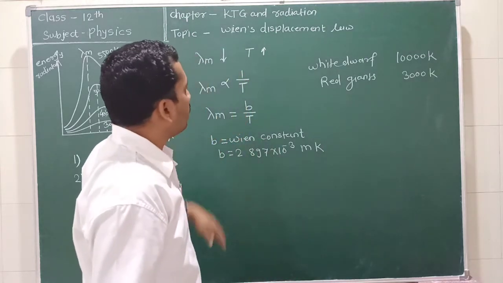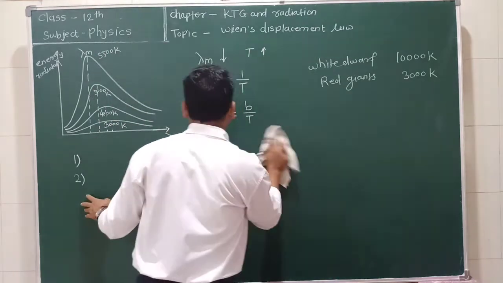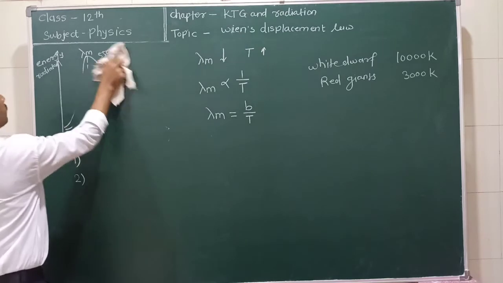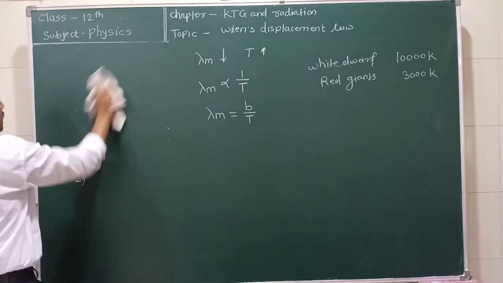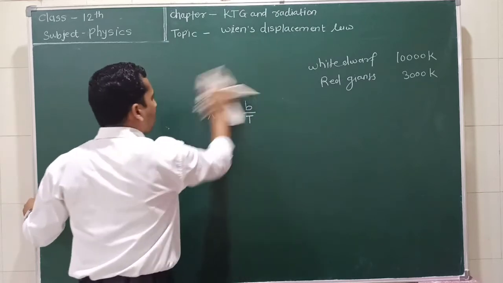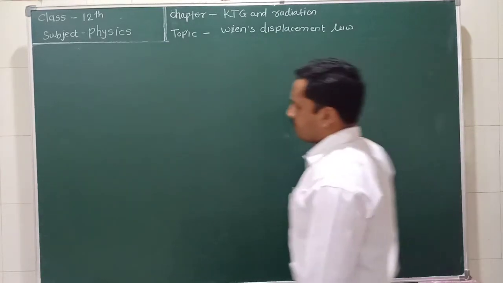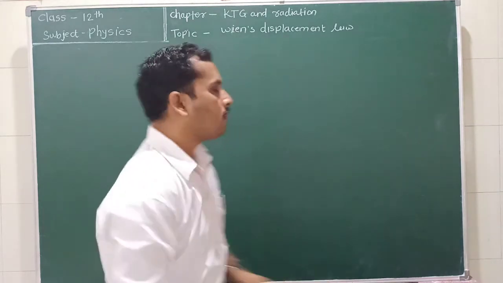Now we are going to discuss the next law, which is the Stefan-Boltzmann law, which gives the relation between the emissive power of the black body and the absolute temperature of the black body. So what is the relation? What is the law?